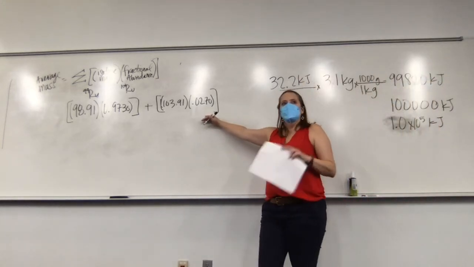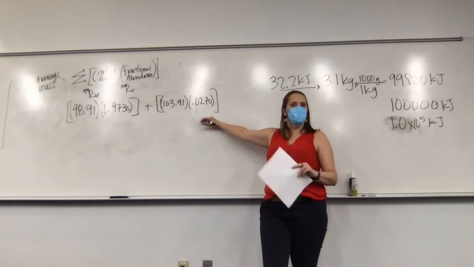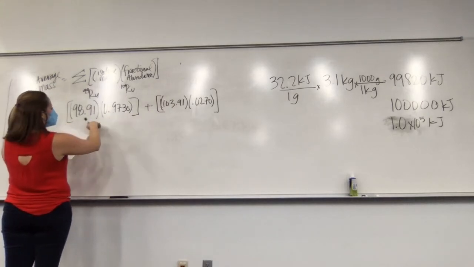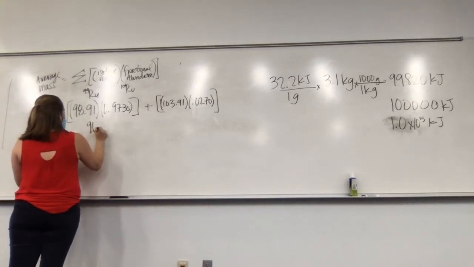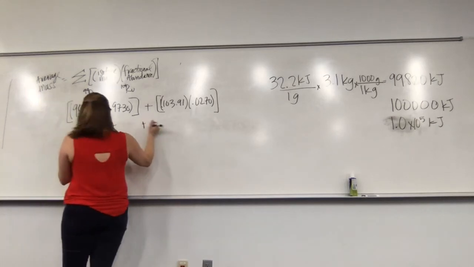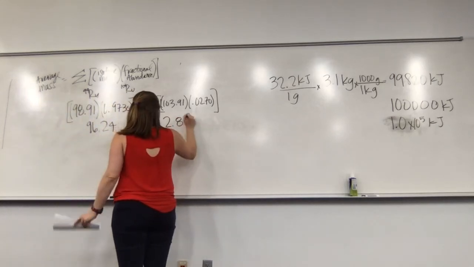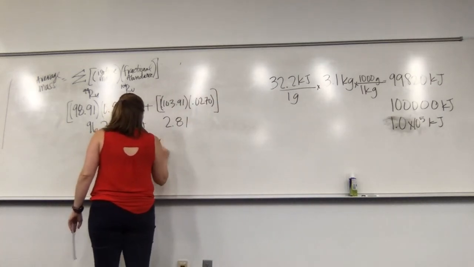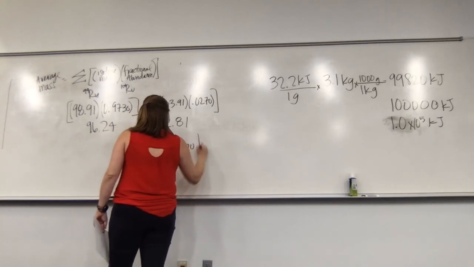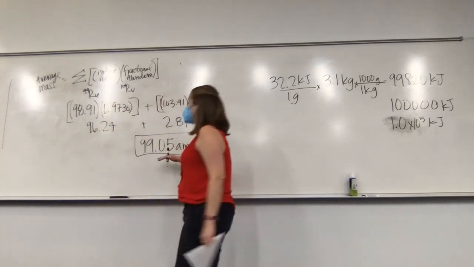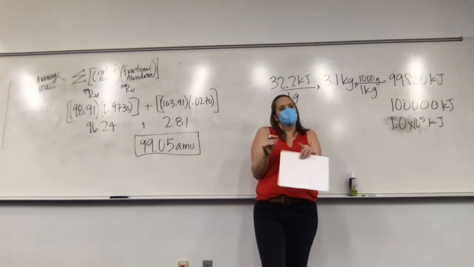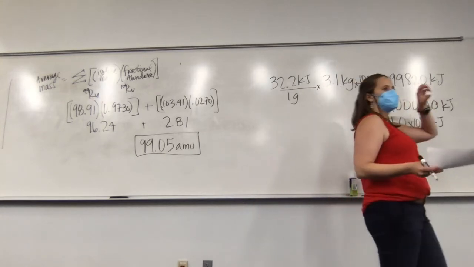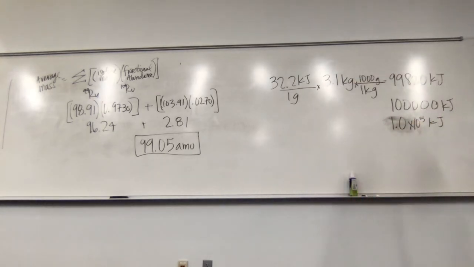It turns out that in this case, particularly the way the homework wants you to do it, and me, is that we're going to multiply these together and get 96.24 plus 2.81. And now when we add these together, we will get 99.05 AMU, which is an acceptable answer, even though it has more sig figs than our 2.81, because it was addition. So it's the number of significant figures after the decimal place.